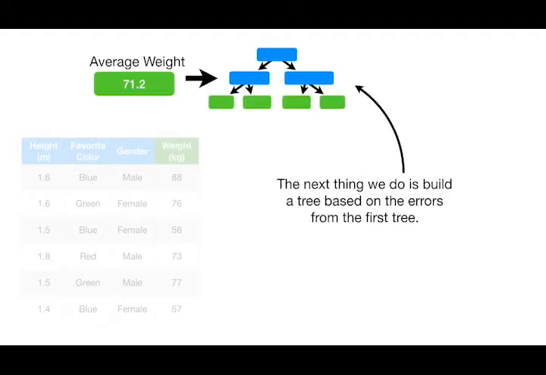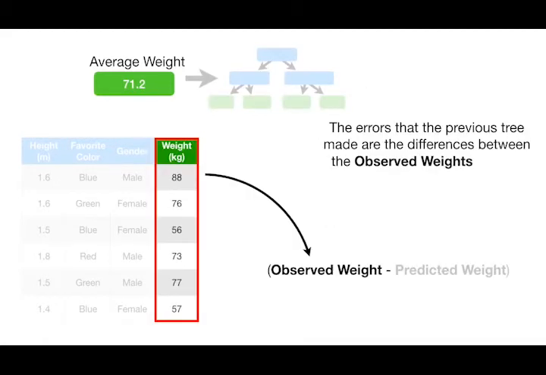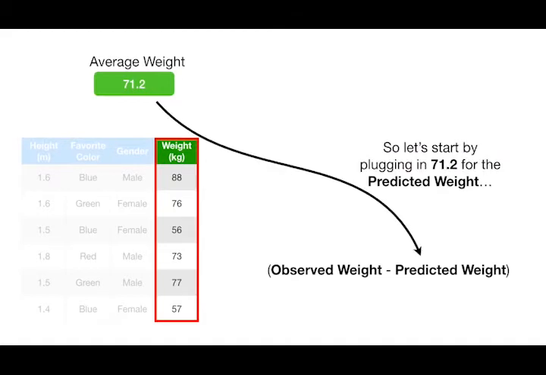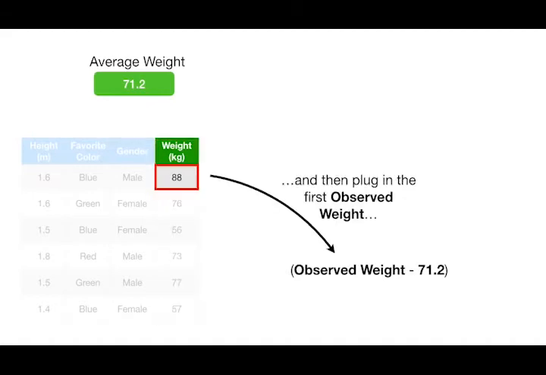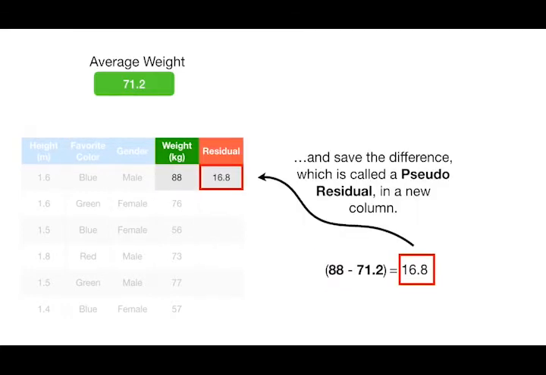The next thing we do is build a tree based on the errors from the first tree. The errors that the previous tree made are the differences between the observed weights and the predicted weight, 71.2. So let's start by plugging in 71.2 for the predicted weight, and then plug in the first observed weight, and do the math, and save the difference, which is called a pseudo-residual, in a new column.